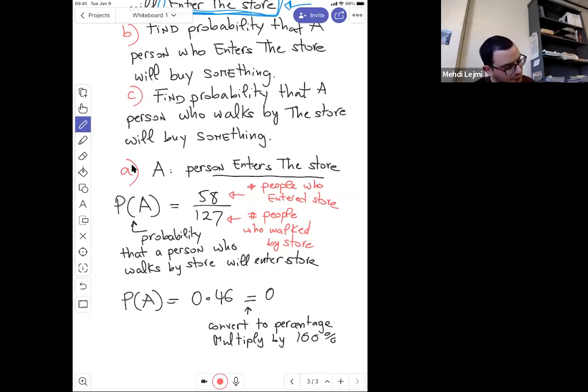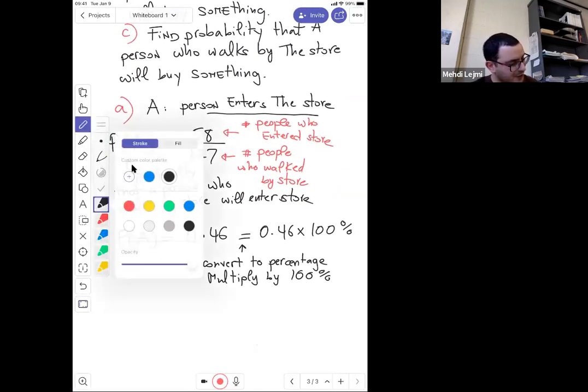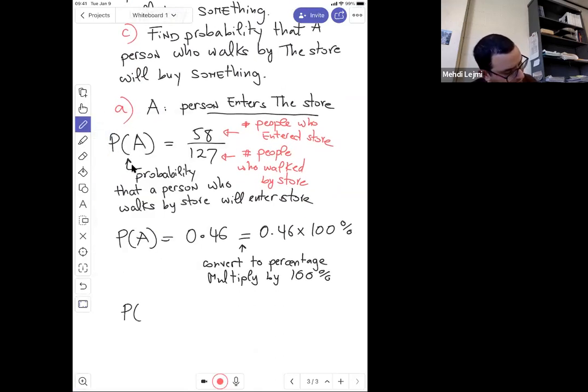So that's 0.46 times 100, then we have percent. All right, so that's 46%. That's the probability of the event A.